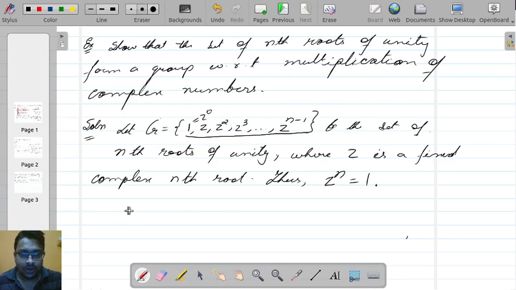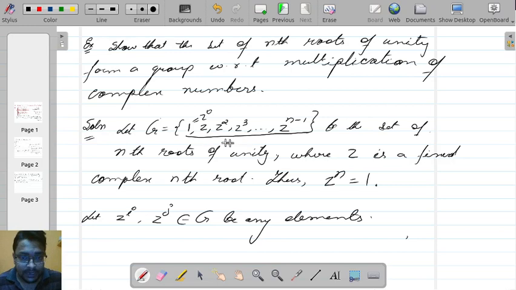Okay, so now I have to check the closure property, that if I take two elements from this G, whether I'll get an element inside G only. So let z to the power i, z to the power j belong to G be any elements.